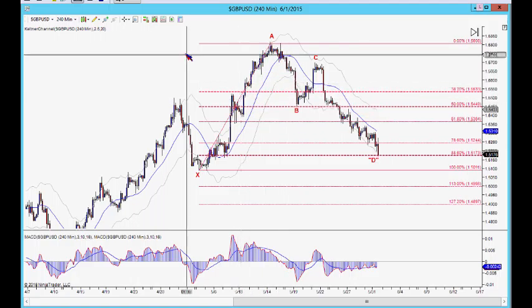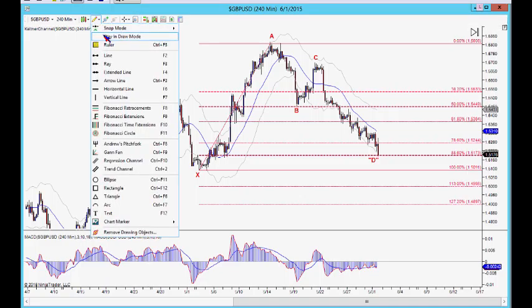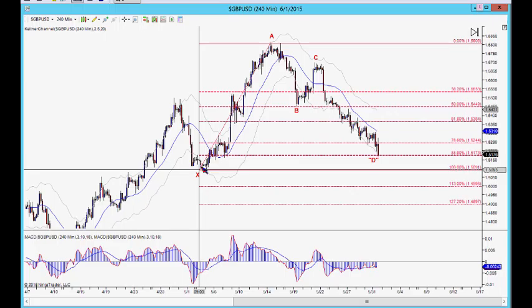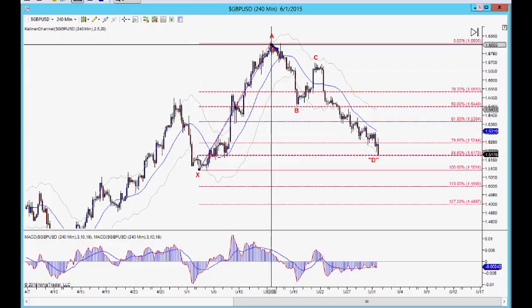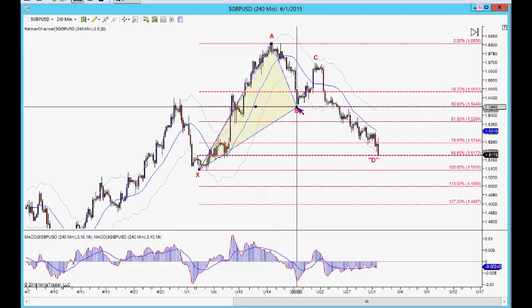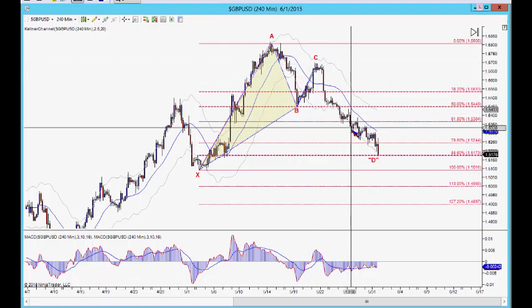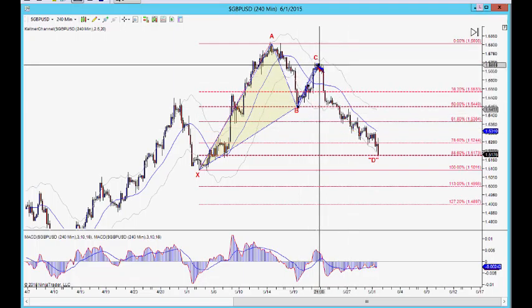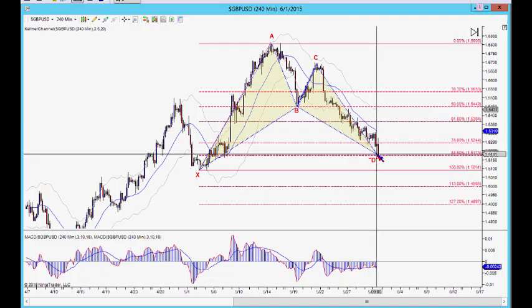So we actually set up a trade here for the trade signal service for the hands-free side, but we want to do this since we're in the live room. It just got signaled. So you got your X to A to B, and then your B to C, and then down towards that D area.